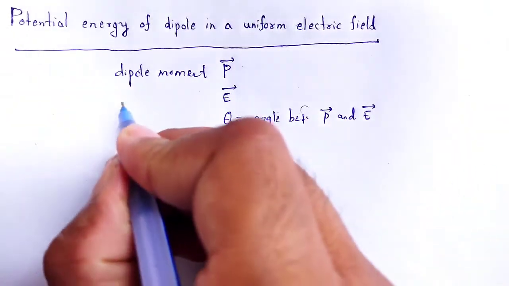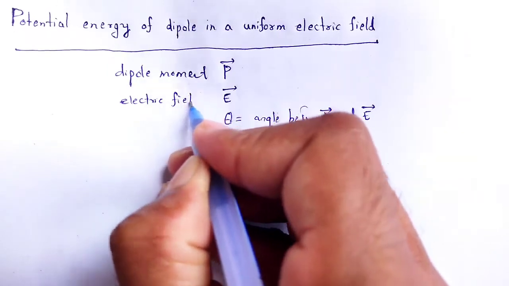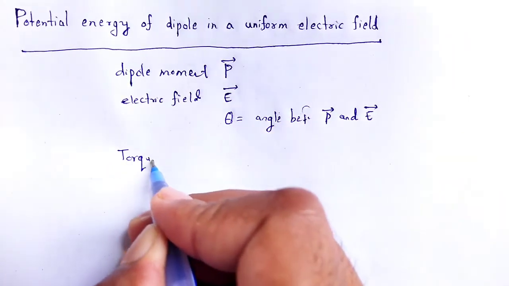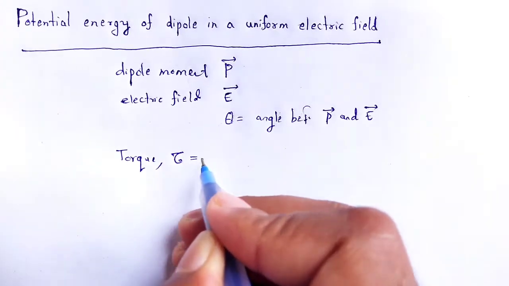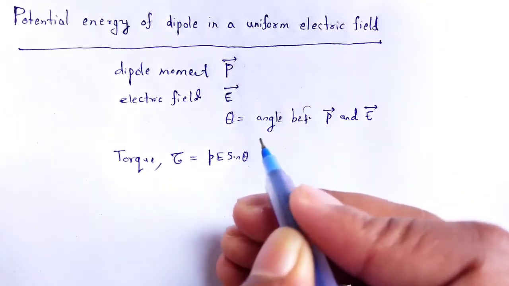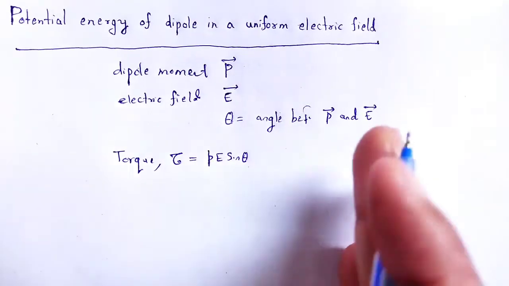This is the dipole moment, this is the electric field. So, the torque tau is equal to P E sin theta, as we have already discussed.